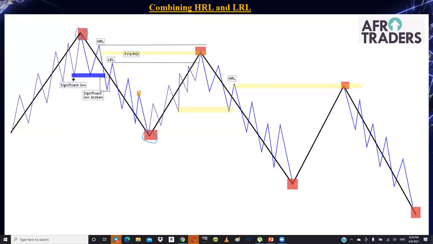They are all internal liquidity, but some of the internal liquidity are high resistance and some are low resistance. This broke this low, this significant level. See, high, low, high, low, high, low, high, low, right? So this level held price and sent price back. This level broke. So when price is coming back, you know that it will not break this level, but it will break this level.